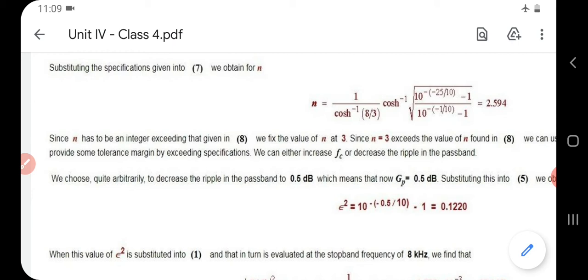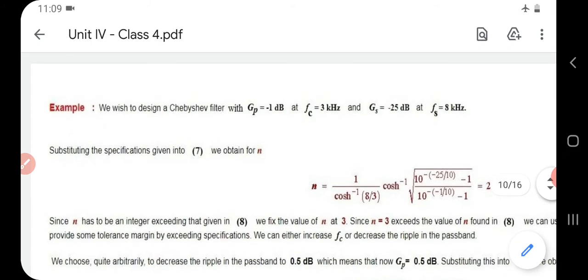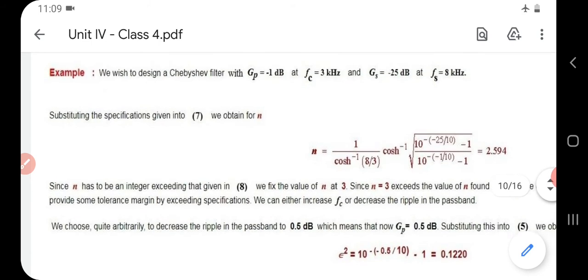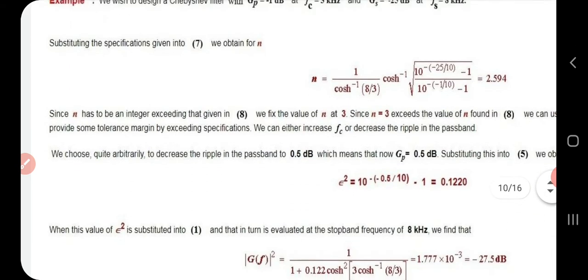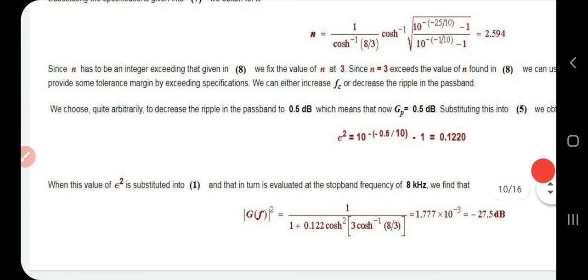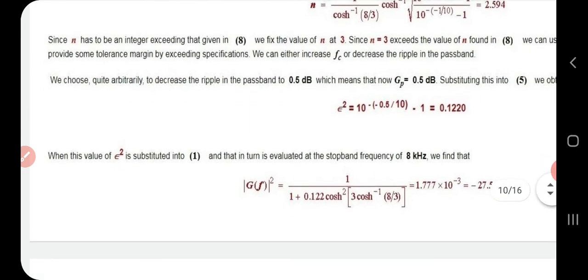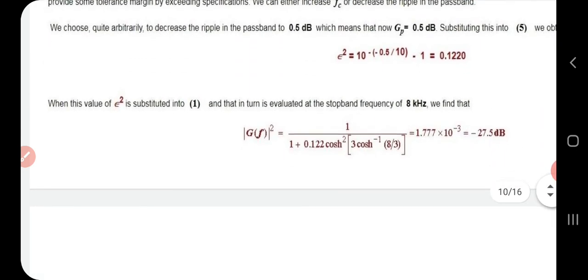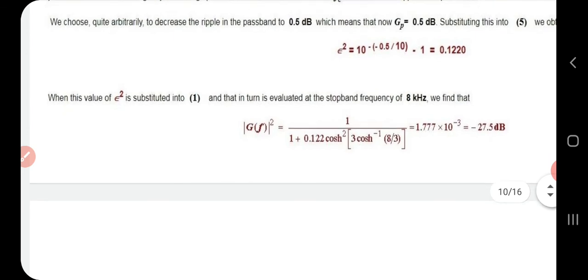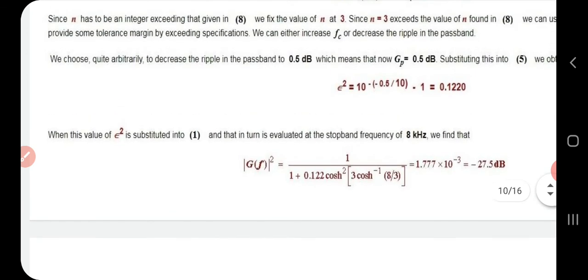Here, what is the value given in the question for Gp? It is 1. So in order to reduce the ripple, we are decreasing the value of G, that is, we are making it half. So 1 by 2 is 0.5. We substitute 0.5 instead of 1 and we get the value as 0.1220.